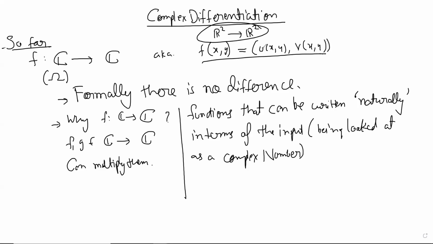That kind of function is naturally a function from C to C. Okay, we will see these things. And the idea here is that these functions, which can naturally be written as functions of a complex number z without needing to break up the real and the imaginary parts, are the functions that will usually turn out to be complex differentiable.